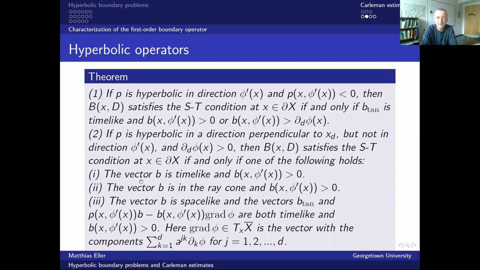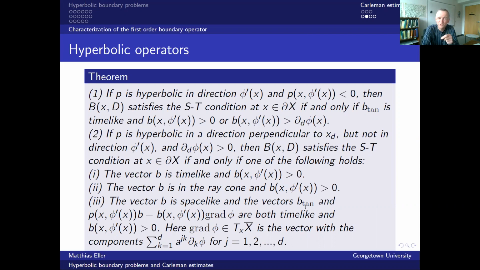Then I need basically certain conditions. Either B is time-like, and this condition makes sure it's in the forward cone. So it's only on one side of the time-like cone. On the ray cone, that's also okay, so it doesn't need to be strictly time-like.